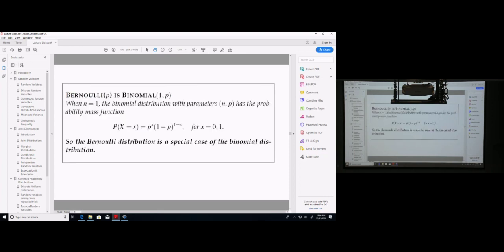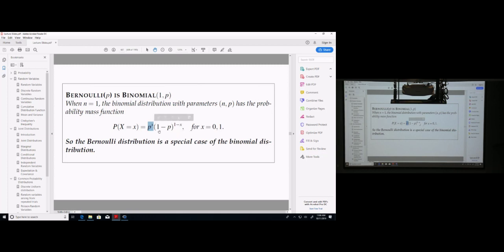Okay. So here, this is the situation. When you plug in n equal to 1 back into the binomial formula, then it reduces to this. Now, this is a shorthand notation, because when x is either 0 or 1, if x is 0, basically this term will not appear because it will be 1.